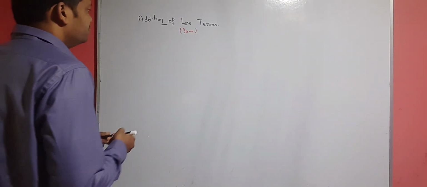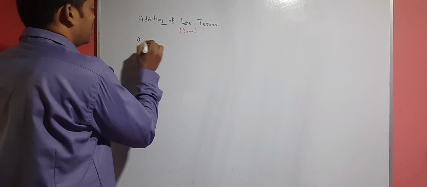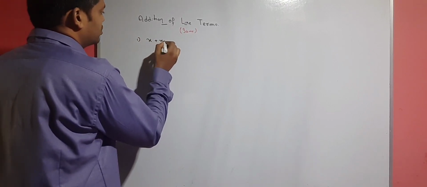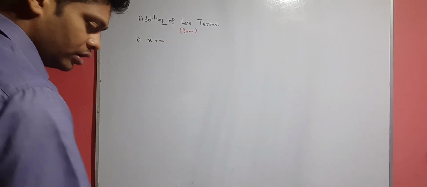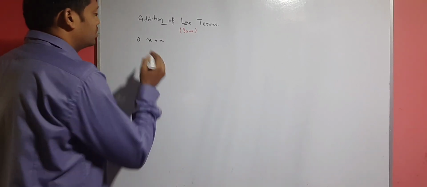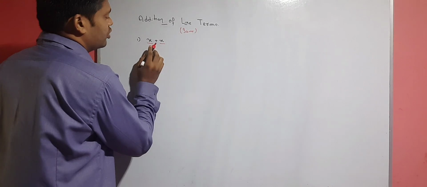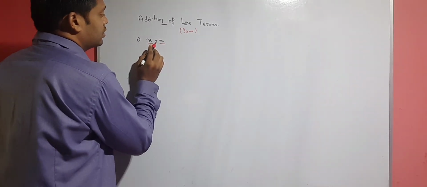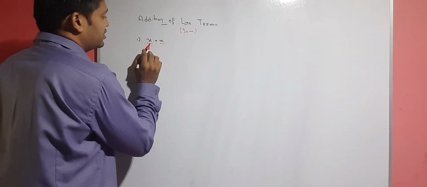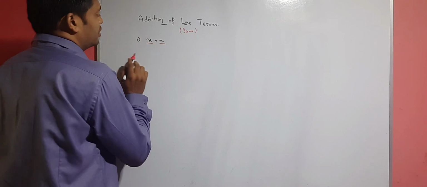For example, the question is x plus x. Now just tell me, this x is a variable, this is also a variable, and this is an operator, which means this is a plus sign. So whenever a plus sign is there between two variables, these are two different terms.